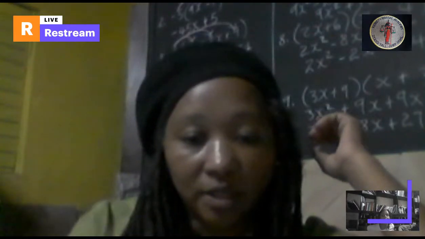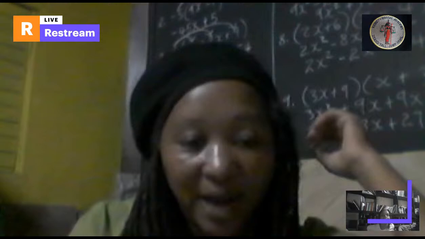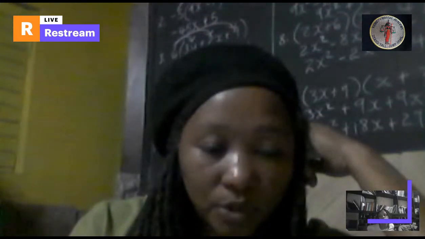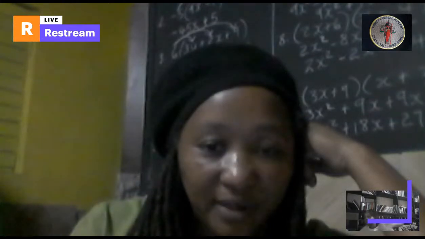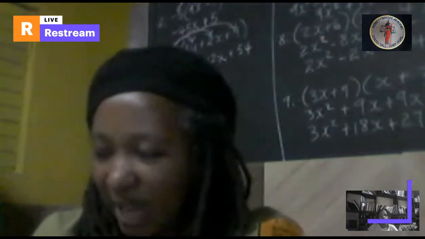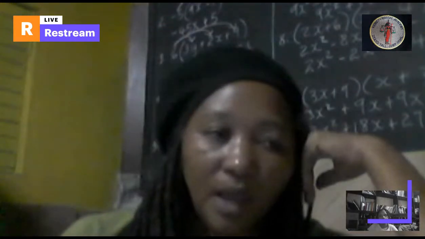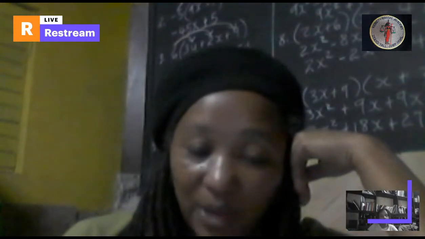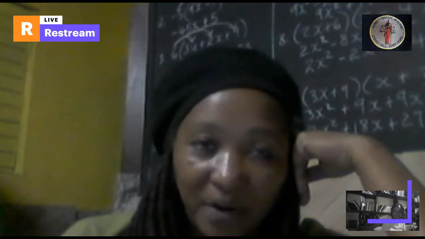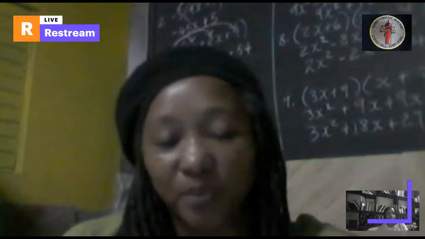No. So to recap, let's just look back at the 2 charts that we have. This chart, remember, is also called the FOIL method. Usually, as far as I know, that's the American term, just like how we would have BODMAS or BOMDAS, and the Americans would say PEMDAS, but it's pretty much the same thing.